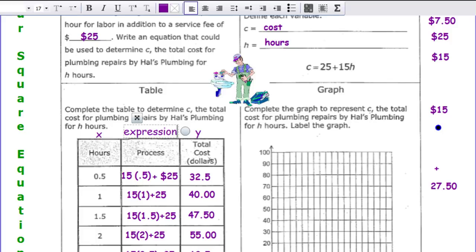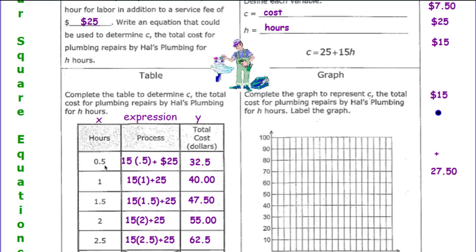Okay. So now that we have our x and y values, there's our ordered pairs, 0.5 and 32.50. So let's plot that. When we work a half an hour, it costs us, so we're going to go over to a half, it's going to cost us $32.50, so somewhere around here.